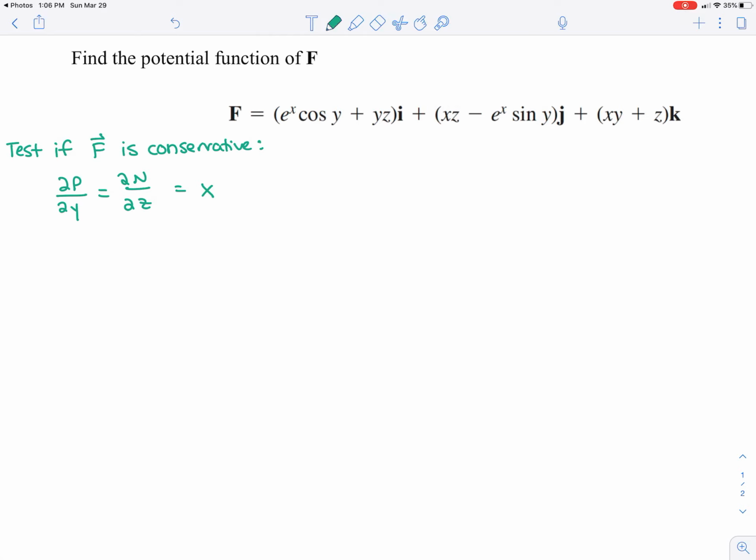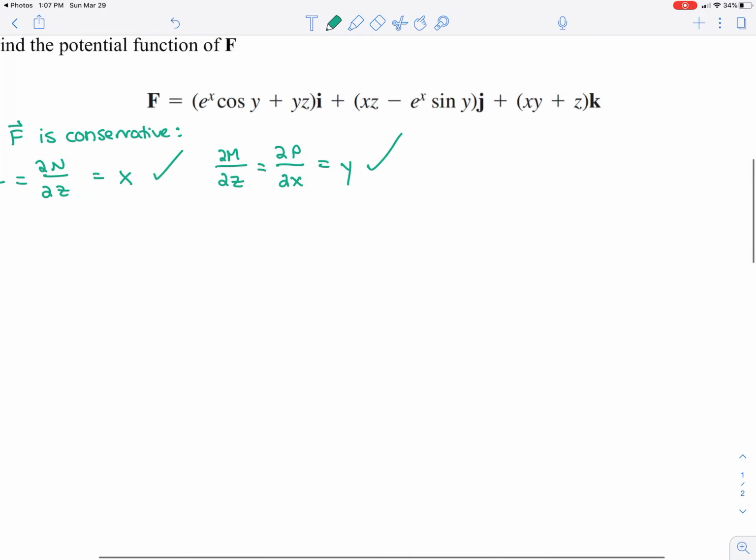So this one checks out. Let's try the partial derivative of m with respect to z, which needs to be equal to the derivative of p with respect to x. In that case, dm dz is going to be y, and dp dx is also going to be y. So it's looking good so far, that one's good.